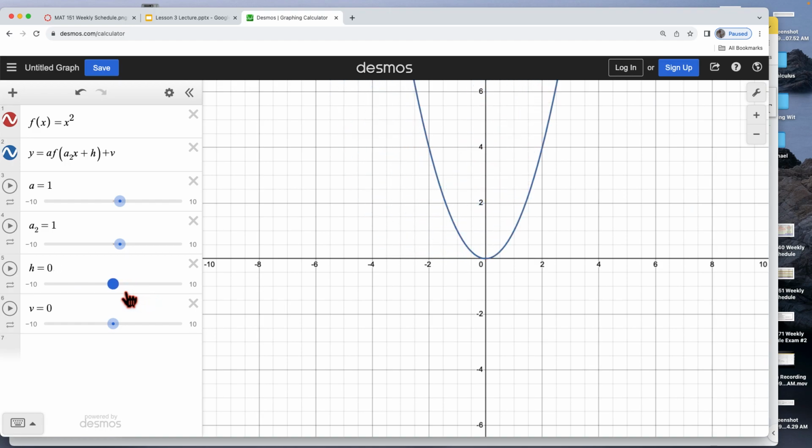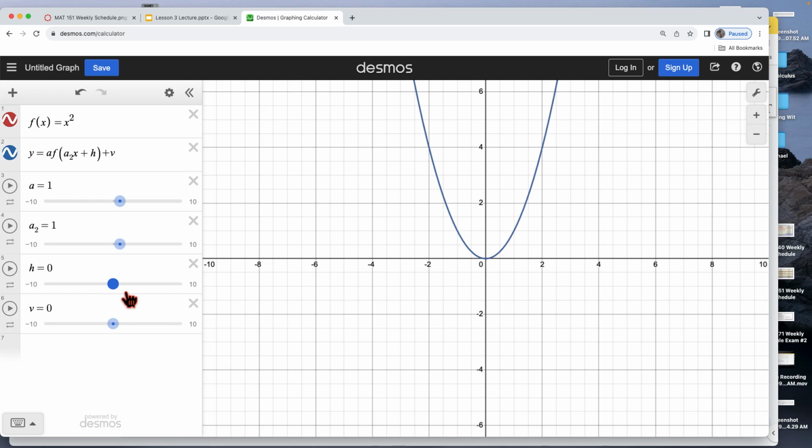Outside the function is what you see is what you get, right? Add, you go up, subtract, you go down. So if you have x squared plus 2, that would move it up 2. But if it was x plus 2 squared, it would move left? Yes, in the opposite direction.